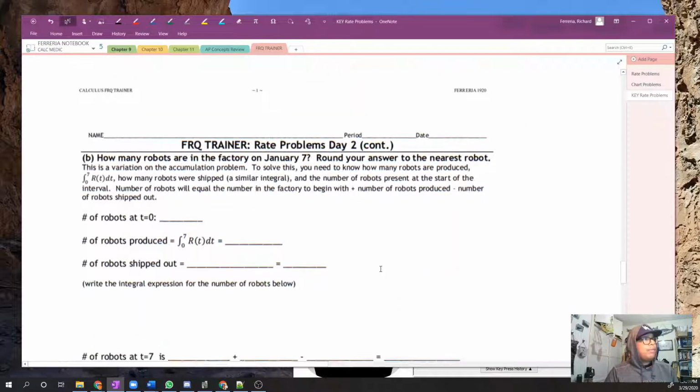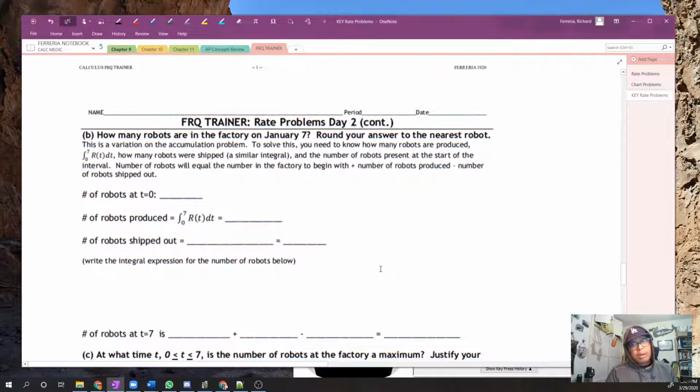How many robots are in the factory on January 7? Well, this one we have a really robust solving framework for you. It should make intuitive sense that the number of robots in the factory is going to be however many robots you started off with, plus however many robots were produced, minus however many robots were shipped out.